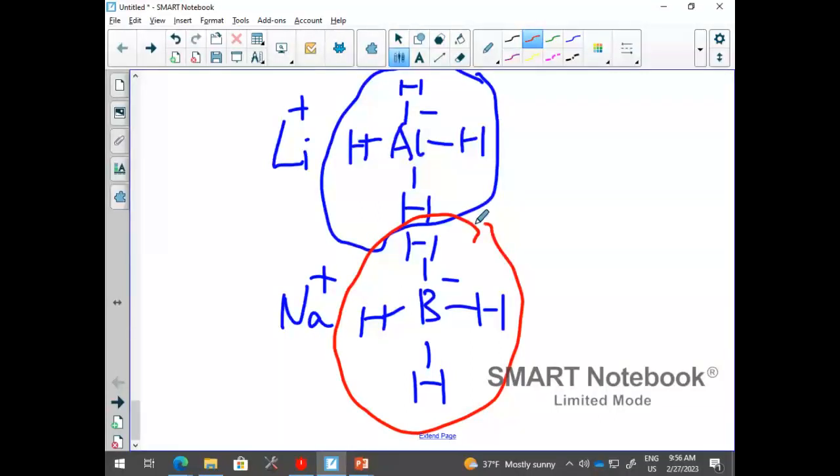So aluminum is more reducing than boron. So that's the thing you need to pay attention to. So the top one is a more powerful reducing agent than the bottom one. Okay? But powerful does not always mean the best. We will see the differences and similarities of these two reagents. But the first one is more powerful, and the lower one is less powerful.